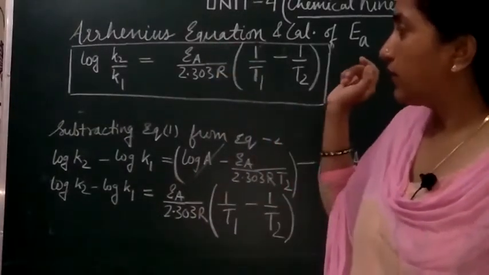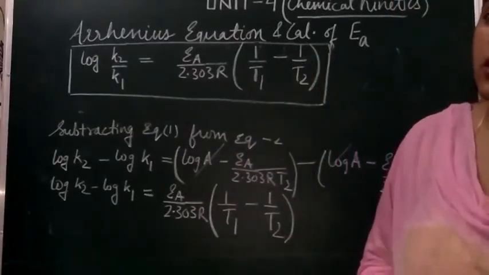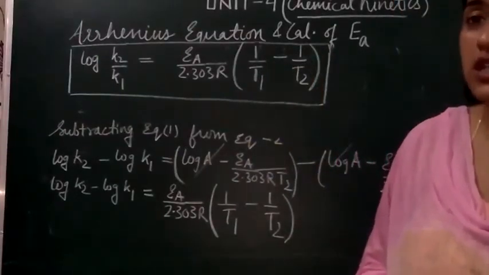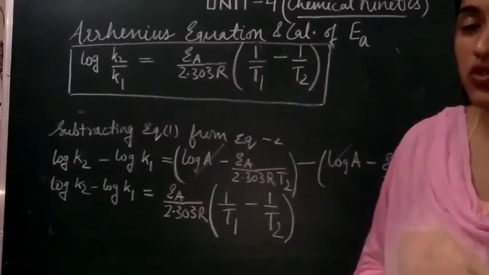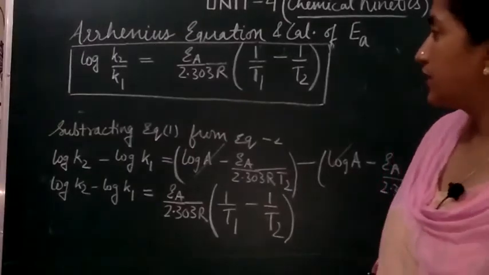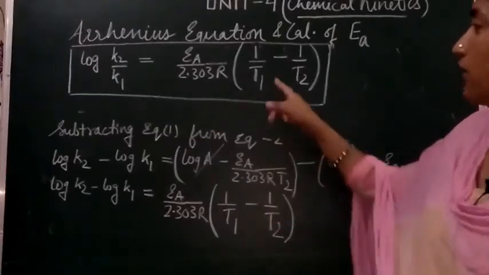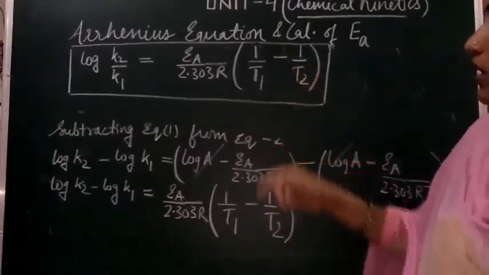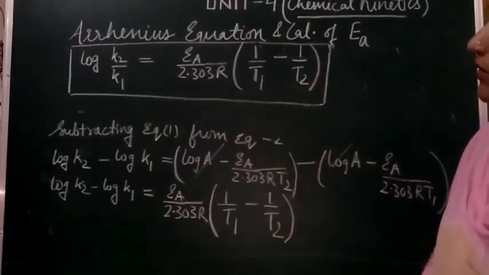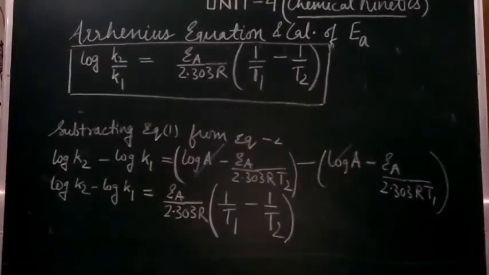Because activation energy is the energy which will be required to raise the energy of the reactants so that they attain the threshold energy, right students? So by knowing the values of temperature T1 and T2, or by knowing the values of k2 and k1, we can determine the activation energy of the reaction.